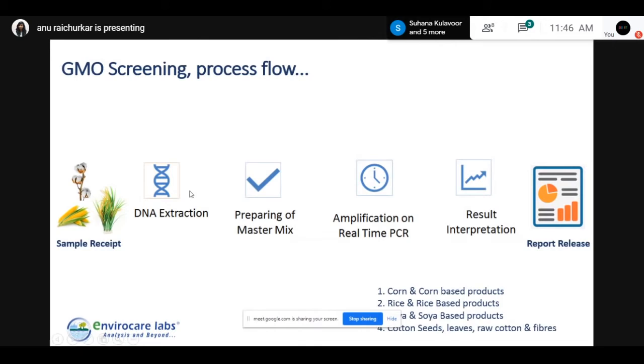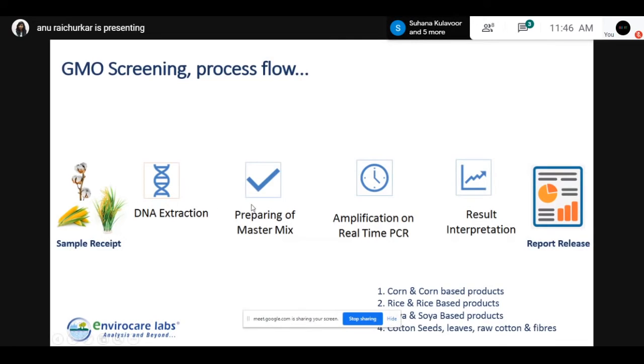What is the process flow when you are screening GMOs? Whenever a sample of food is received, most commonly we receive corn and corn-based products, rice-based products or soya products, and also cotton in various forms, such as seeds, leaves, raw cotton or fibers. Once the sample is received, the first step is DNA extraction, which I'll explain in more detail further. First the DNA is extracted.